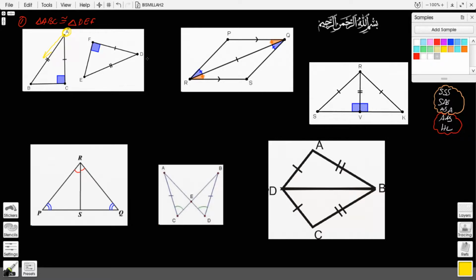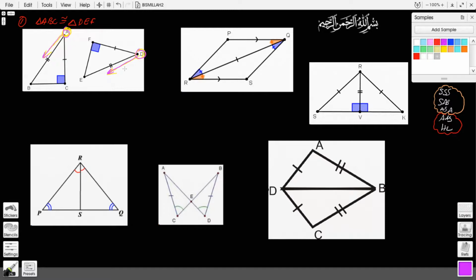I have to start at the end that corresponds to A, and then relate the triangle in order. So A, B, and C is going to be congruent to D, E, and then F in that order. So how can I prove these two triangles congruent?